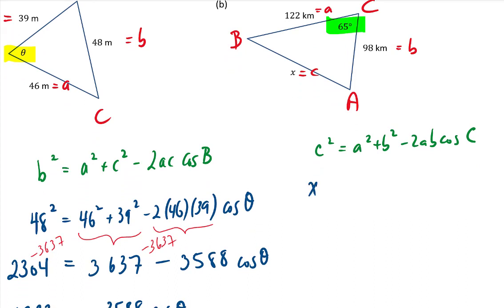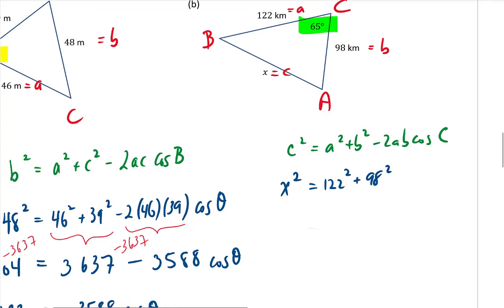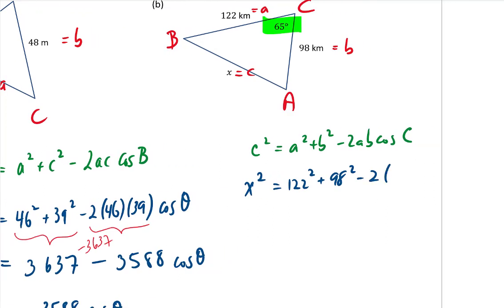Next, let's sub in our values. So C squared is just X, so we have X squared equals 122 squared plus 98 squared minus 2 times 122 times 98 cosine of 65 degrees.